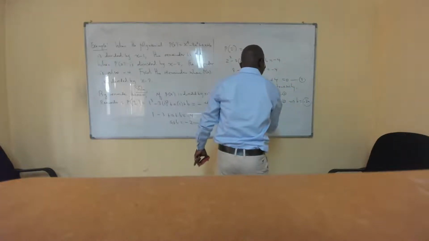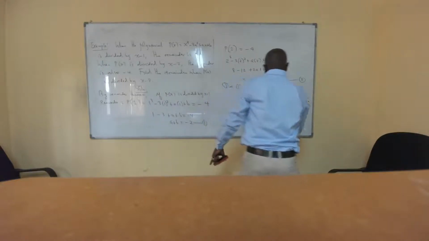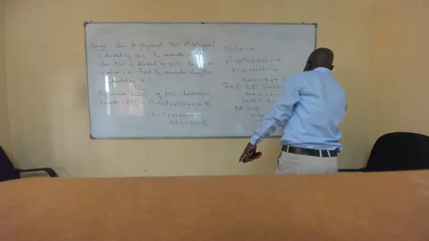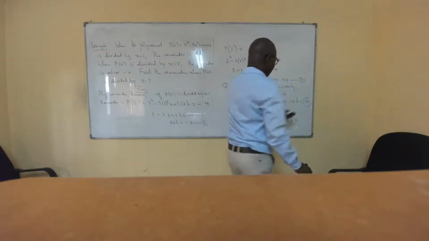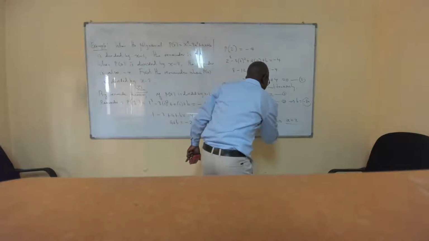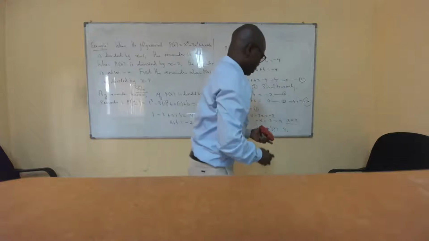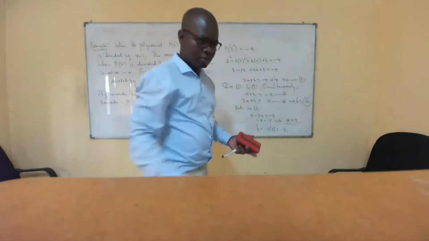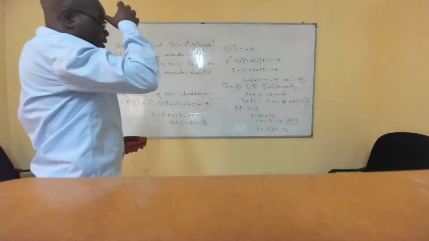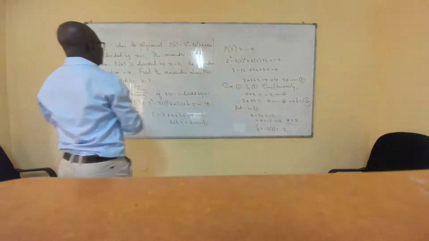We have A minus 2A is minus 2, which is minus A equals minus 2, which gives us A is 2. Since B is equal to minus 2A, therefore your B is minus 2 times 2, which is minus 4. So these are the values: A is 2 and B is minus 4.